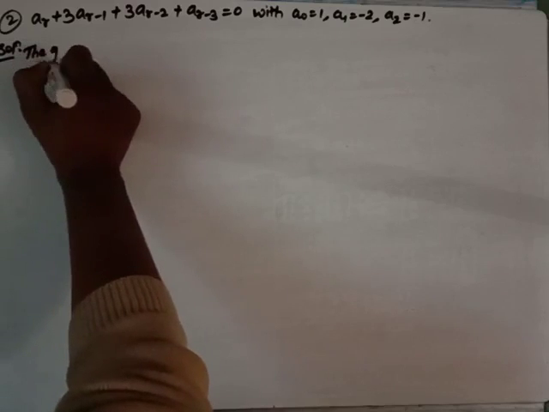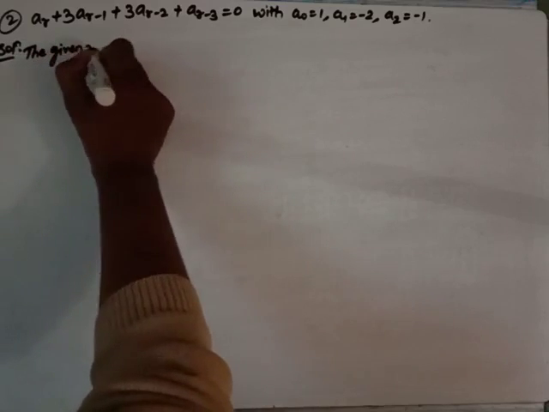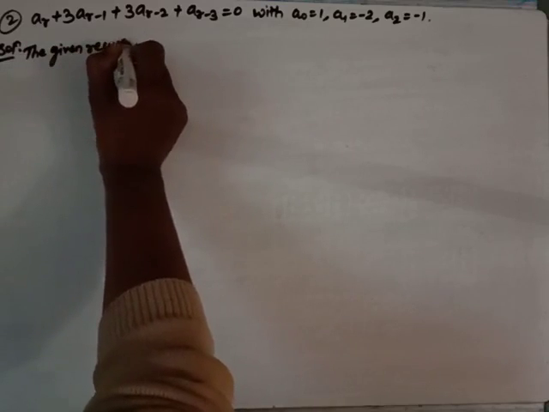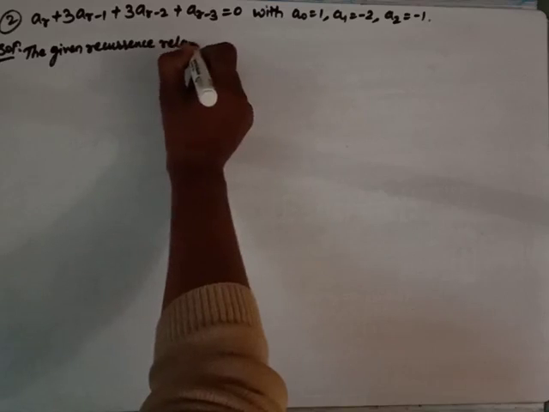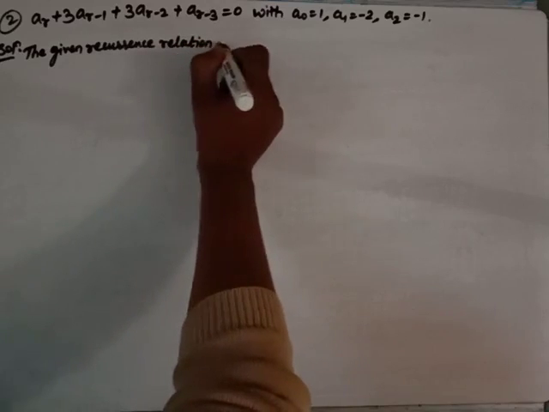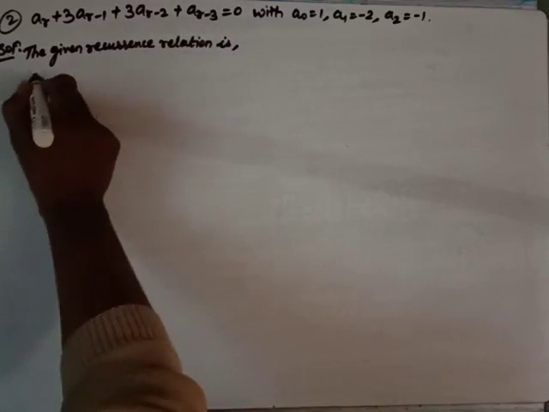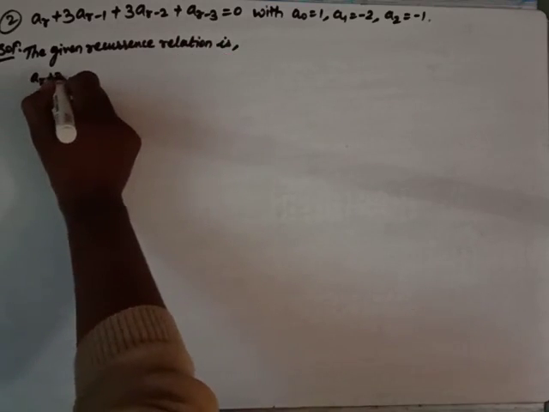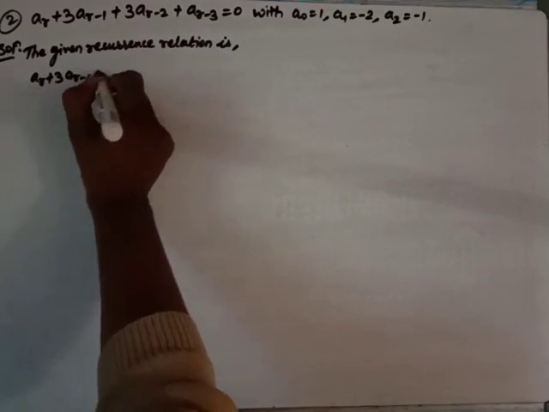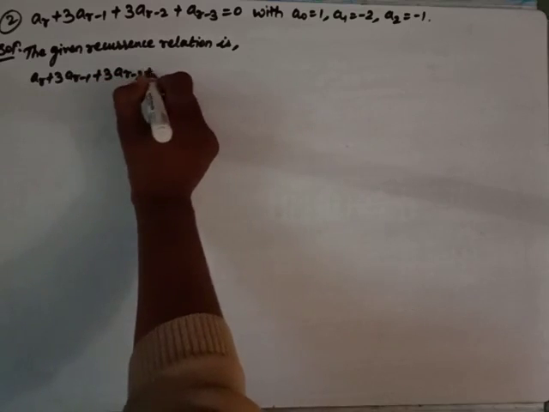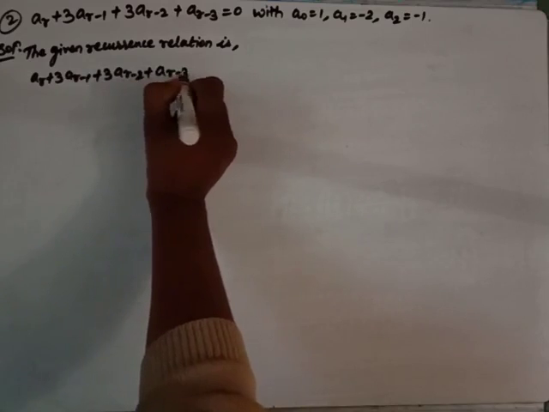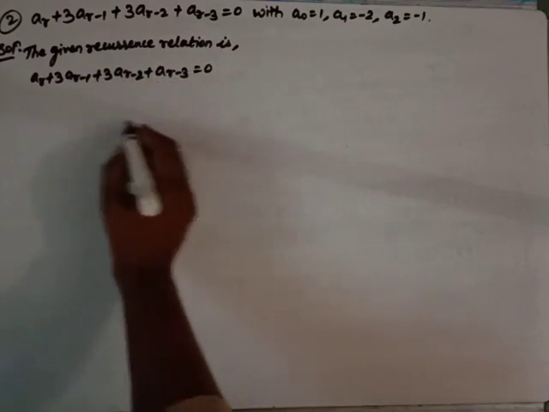So, solution. The given recurrence relation is a_r + 3a_{r-1} + 3a_{r-2} + a_{r-3} = 0.